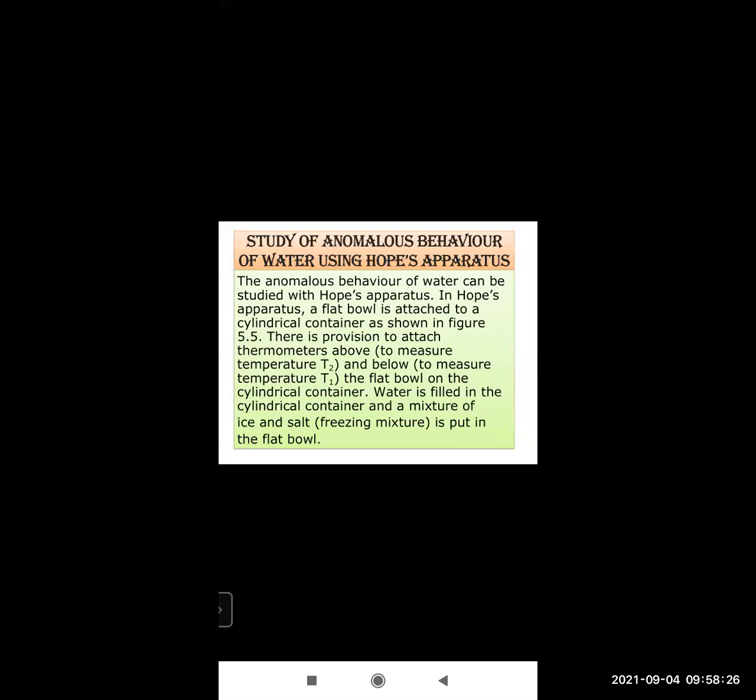Water is filled in the cylindrical container, and in the flat bowl we put a mixture of ice and salt. In the figure it is shown. Clear? So this is the construction of Hope's apparatus.